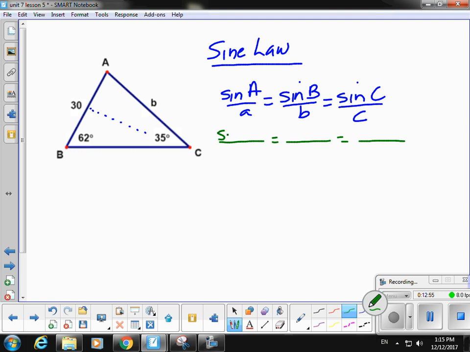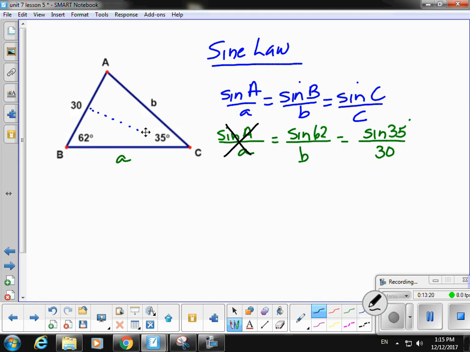Sine A over little a equals sine 62 over little b, equals sine 35 over 30. We don't know or care about angle A or side A, but I always set up my three-way ratio anyways, just to make sure I've got the right numbers in the right spot.